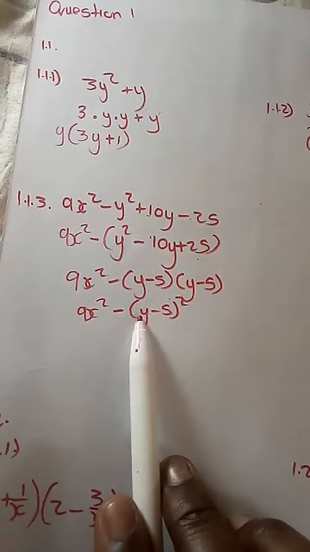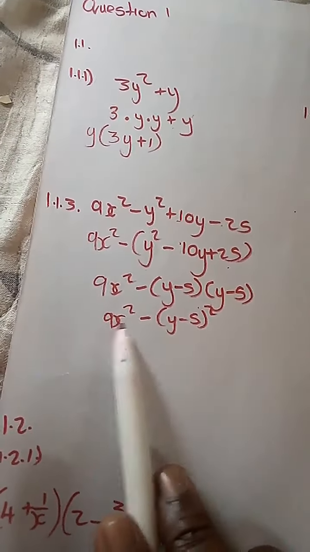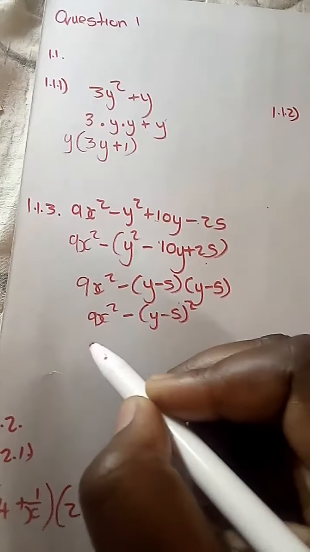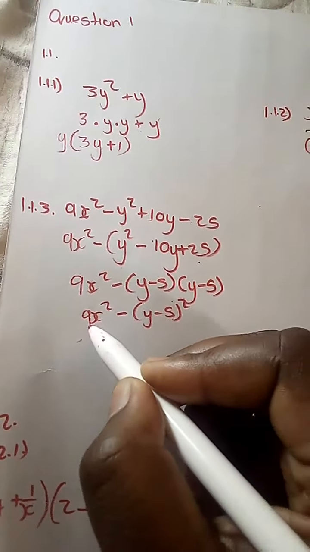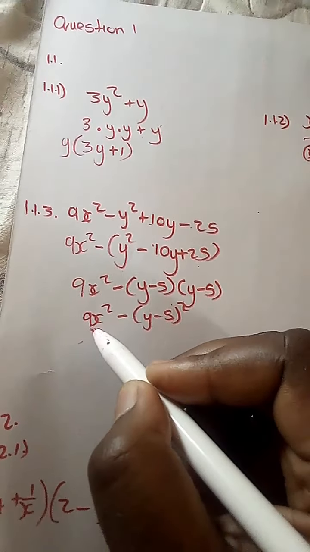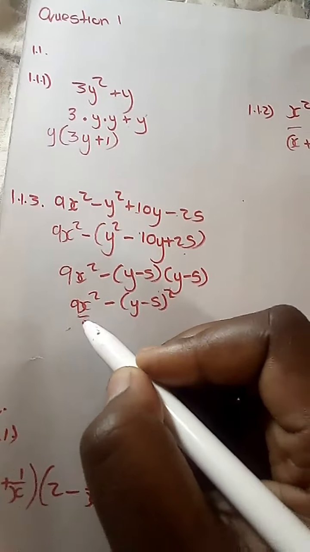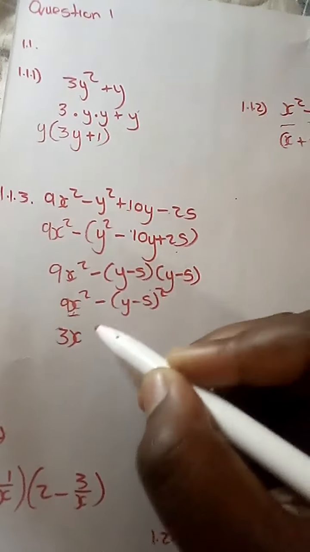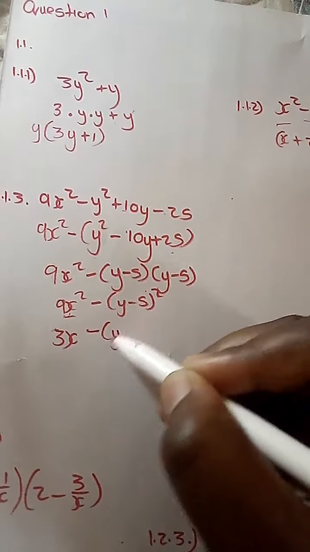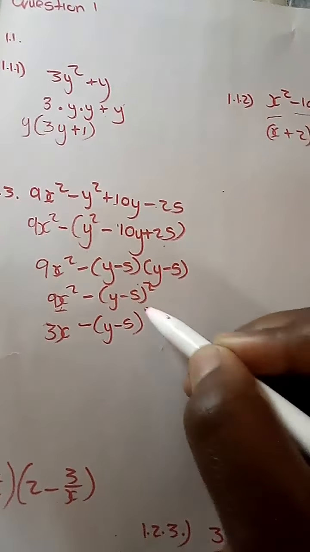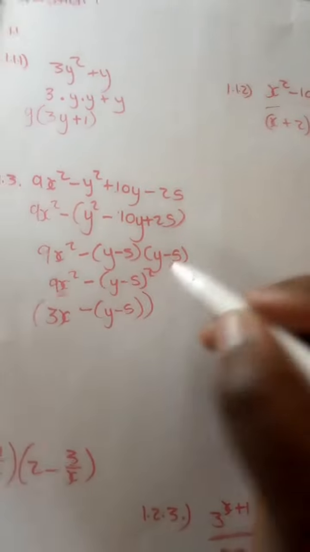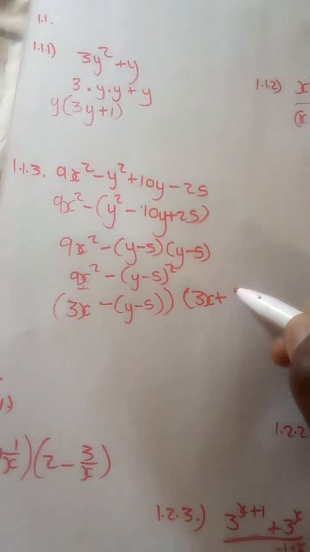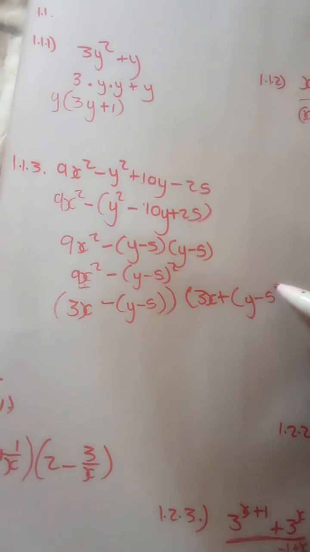So let's just see this as one number, just like how we see this number here, and we do difference between two squares. So it's going to be the square root of 9x squared, which is 3x, minus y minus 5. That's our first bracket. And the next one, 3x plus y minus 5.